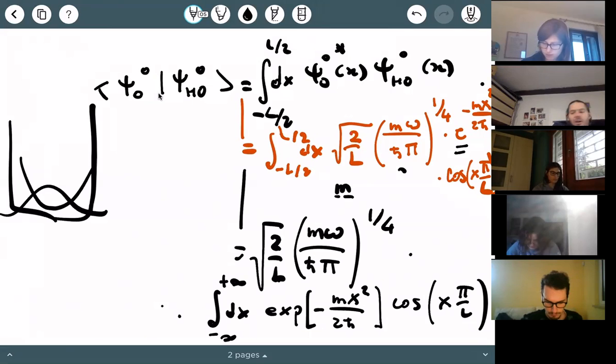I chose to do that because I'm under the impression that this is an integral that might be solvable. So I'm going to look on Mathematica to see if this integral is solvable. If worst comes to worst, you can always use any numerical package to do that.